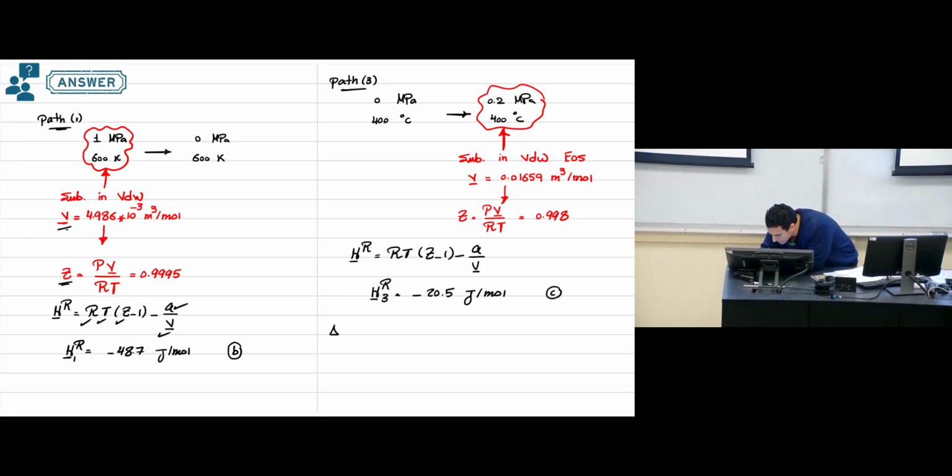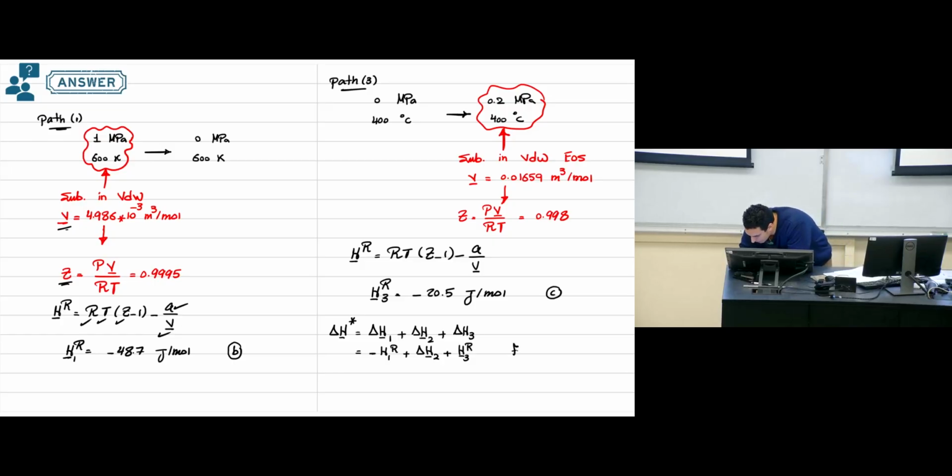So now we know that delta H star, which is delta H1, first path, plus the enthalpy change for the second path, plus the enthalpy change for the third path, is equal to negative H1 residual plus delta H2 plus H3 residual.